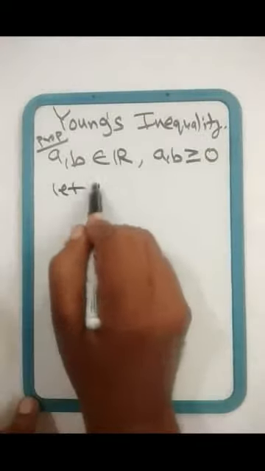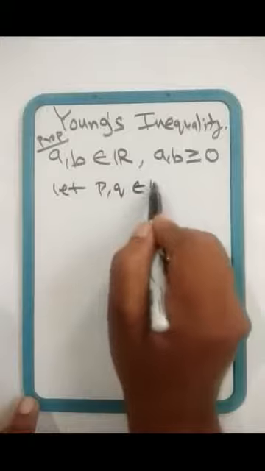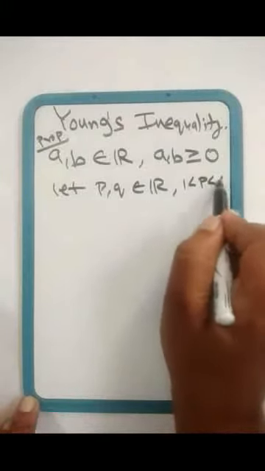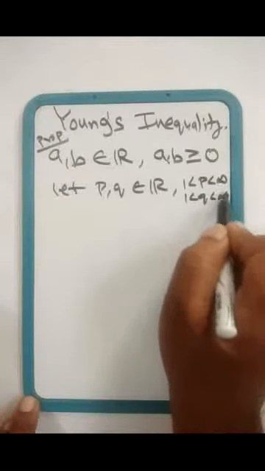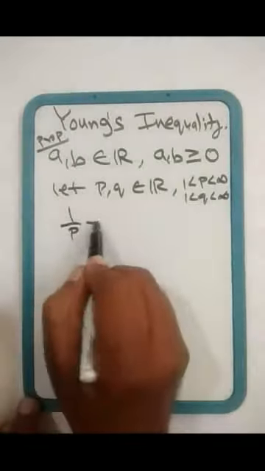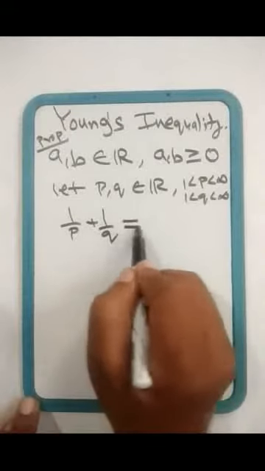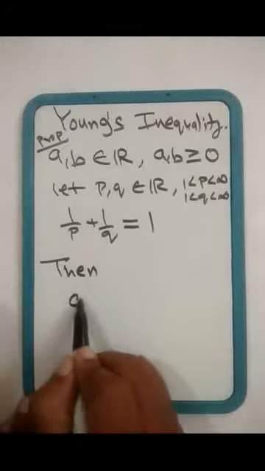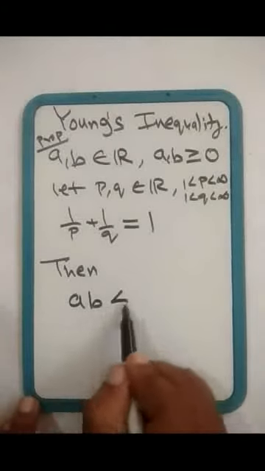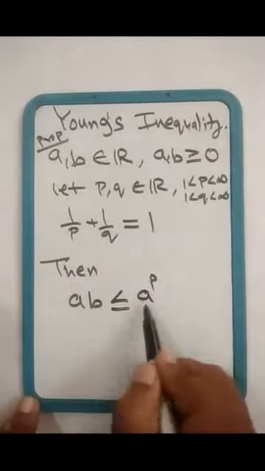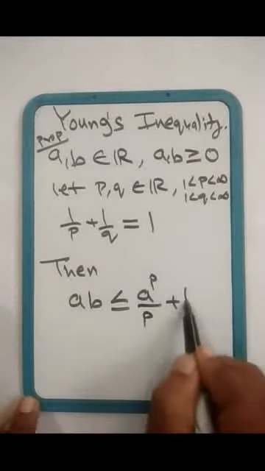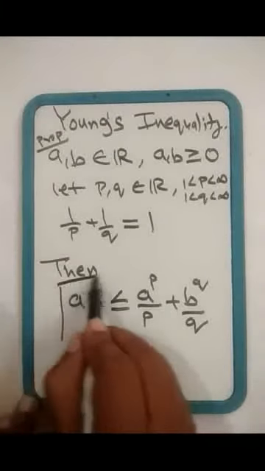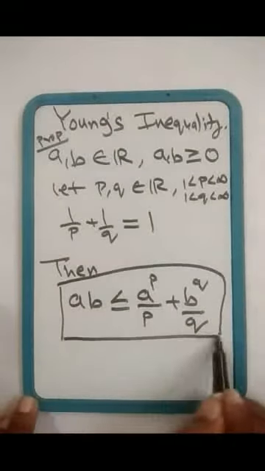Let P and Q belong to R with 1 less than P strictly less than infinity, 1 less than Q strictly less than infinity, and 1 by P plus 1 by Q is equal to 1. Then this says that the product AB is always less than or equal to A raised to P upon P plus B raised to Q upon Q. This is the claim this inequality makes.